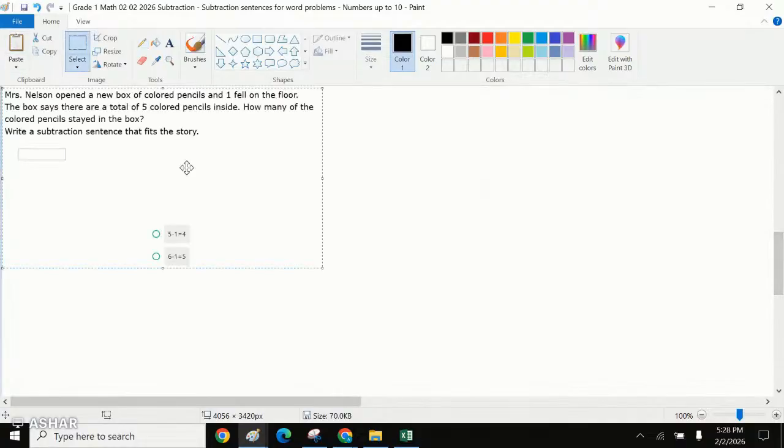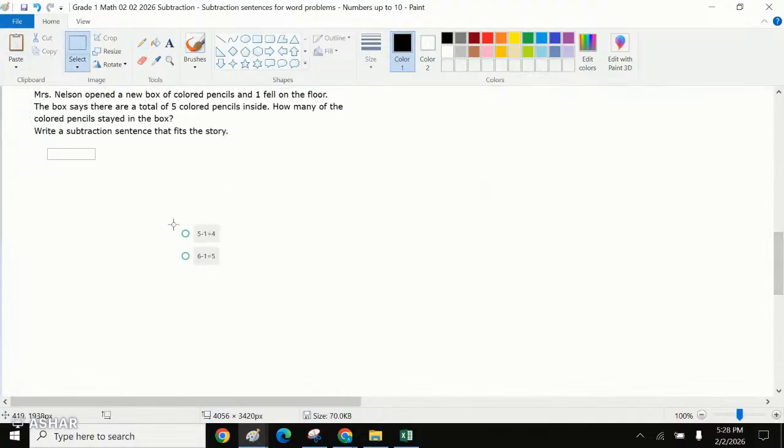If this is our question number one and these are the two options we have, this is question number one from the test.